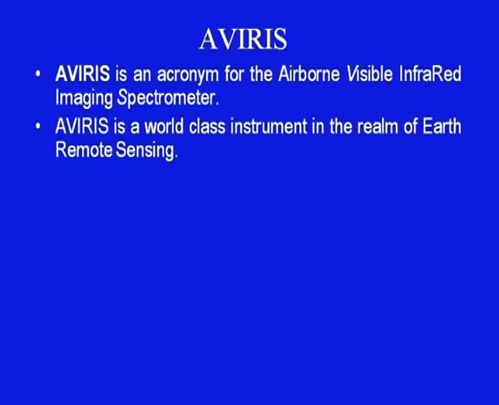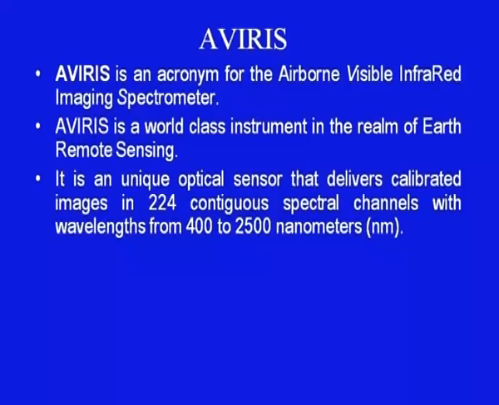AVIRIS is a world-class instrument in the realms of Earth remote sensing. It has a unique optical sensor, delivers calibrated images in 224 contiguous spectral channels with wavelengths ranging from 400 to 2500 nanometers.